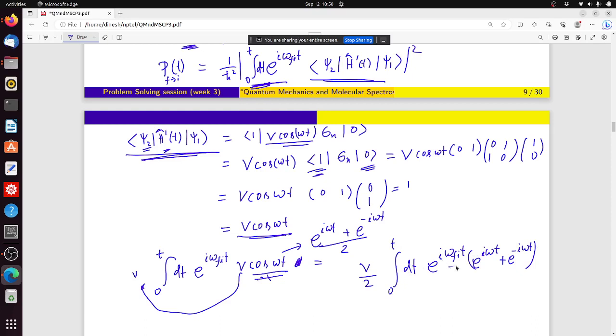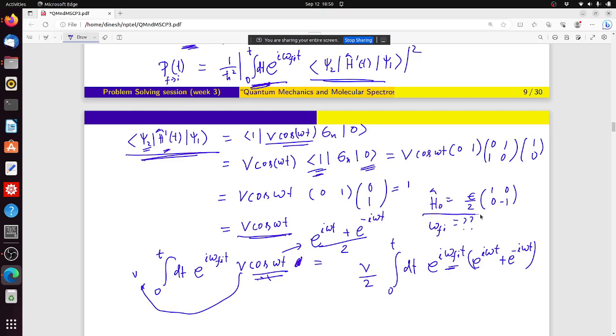Do you have any idea what this omega fi will be? Our H naught is given as epsilon over 2 times 1 0 0 minus 1. Any idea what this omega fi value will be?